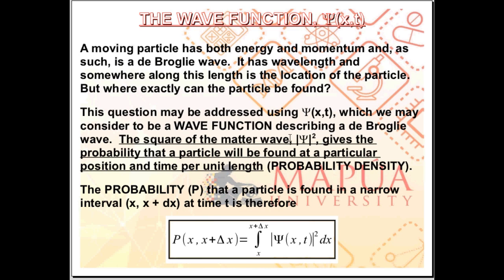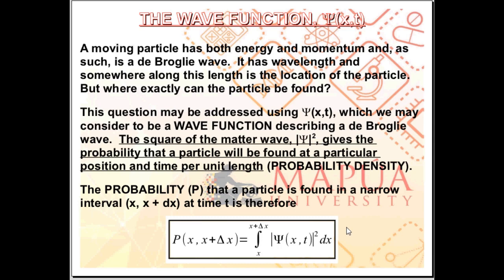So the square of the absolute value of psi is the probability density. From the probability density, we are able to calculate the probability of finding the particle. P from x to x plus delta x, the probability of finding the particle in this interval, is equal to the integral of the probability density times dx.